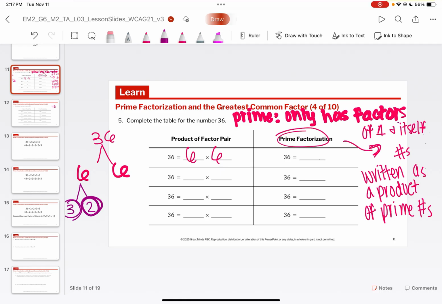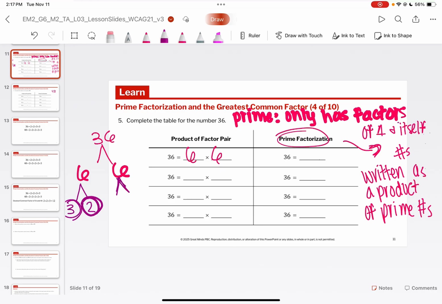No, I'm done. Can I break this down to even smaller numbers? No. So once I'm done, I move on to the next side. Well, this is easy because did we just do the same number? Yeah. So 3 and 2. All right, circle it. You're only circling your prime numbers so you know you're done. That's how you know you're finished.